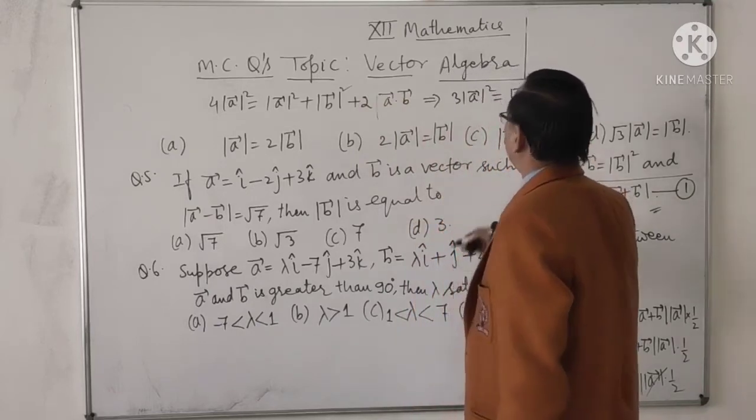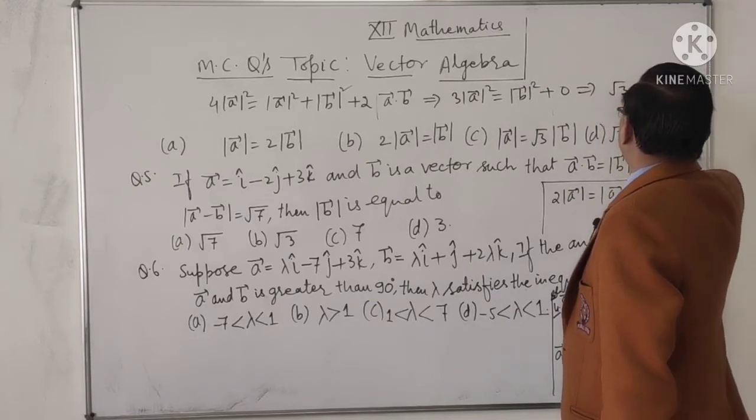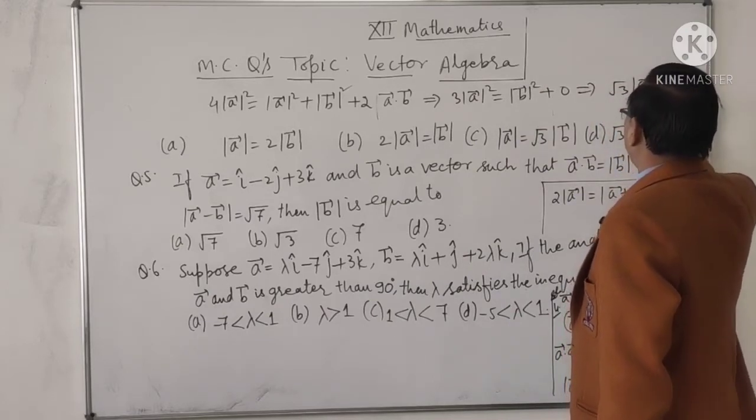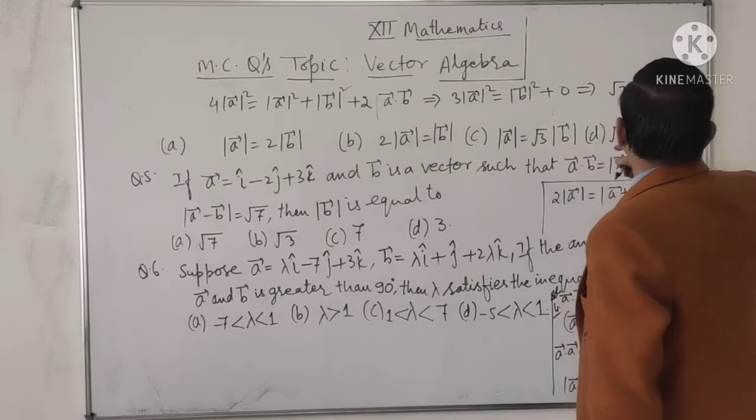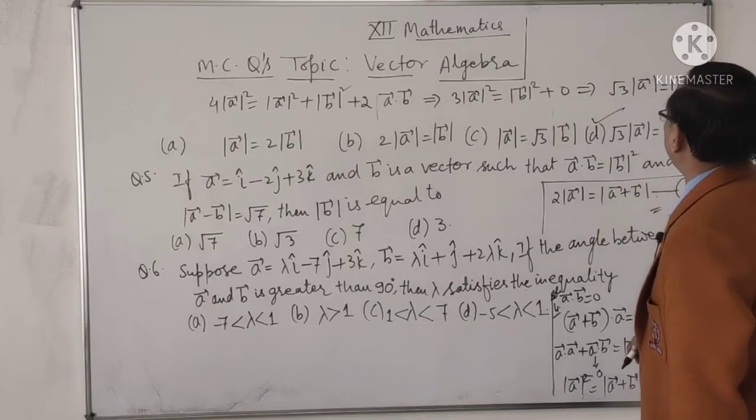From this we will get root 3 mod A equal to mod B, and D option is correct.